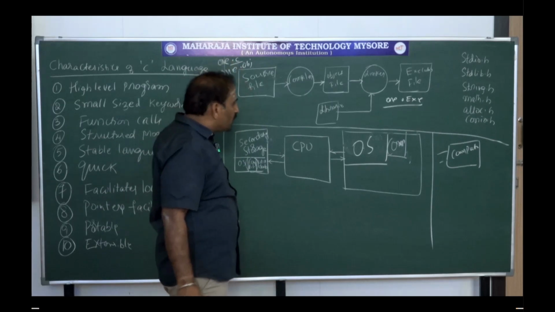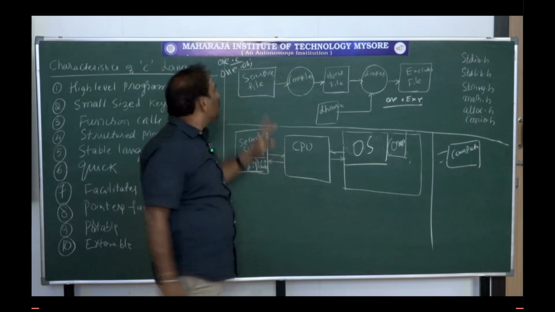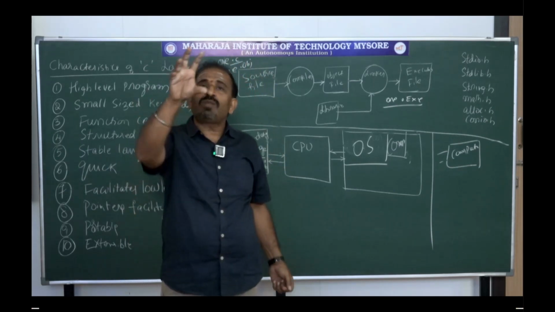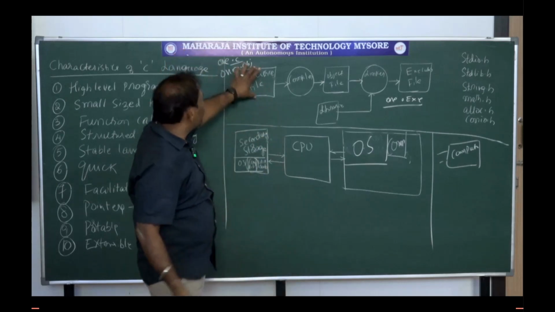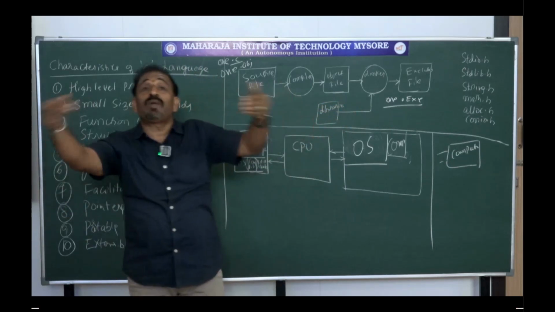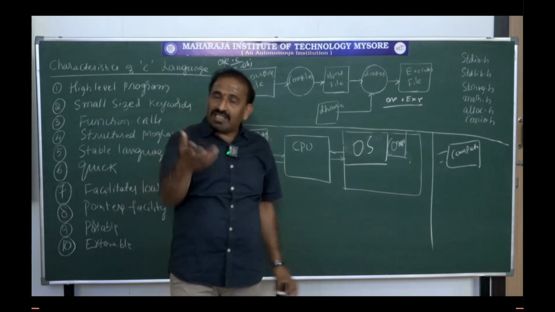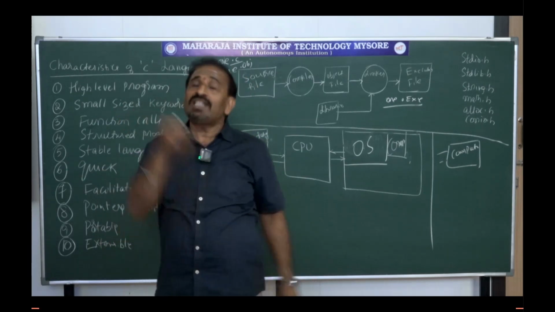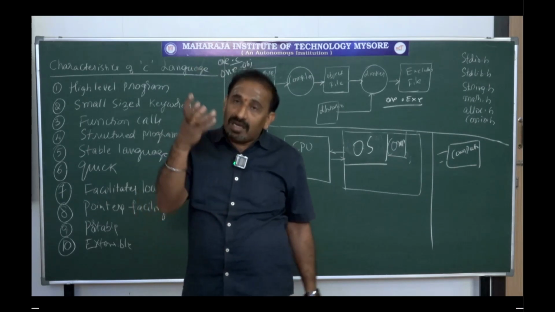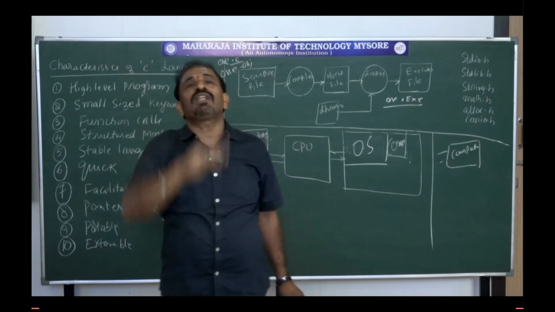Now, during this process, your program, what you have written, is this, and additionally some other resources are being brought from some other source. They are called libraries. Why are these libraries required? These libraries have already been written and prepared by somebody else for your support.